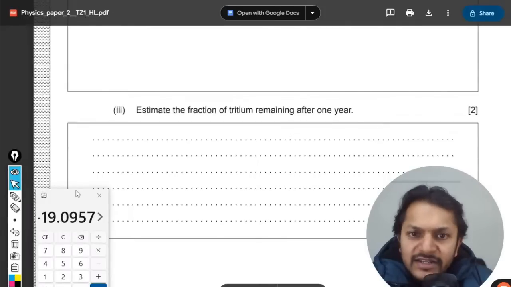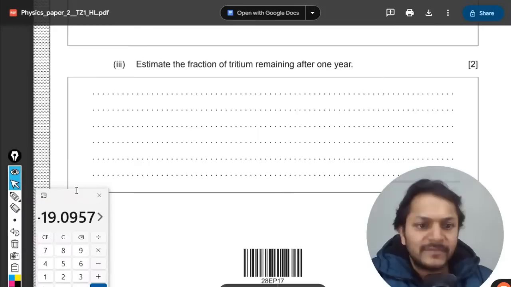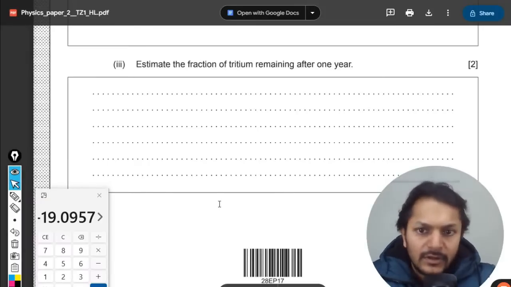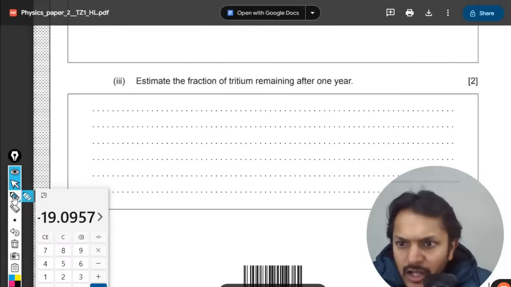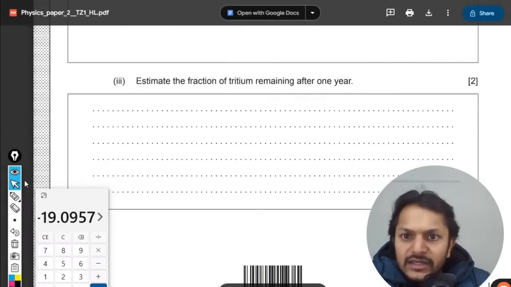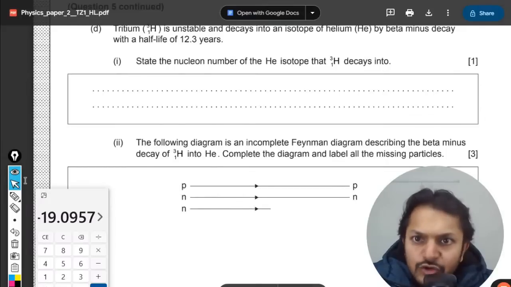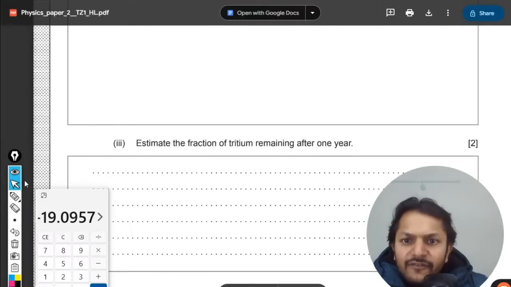Estimate the fraction of tritium remaining after 1 year. For this question, we have to consider the half-life, isn't it?